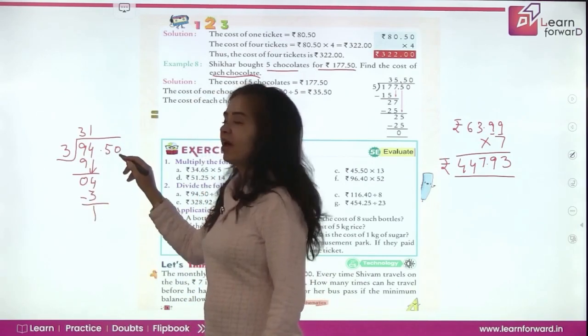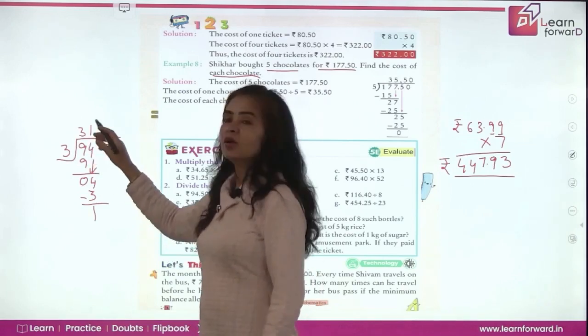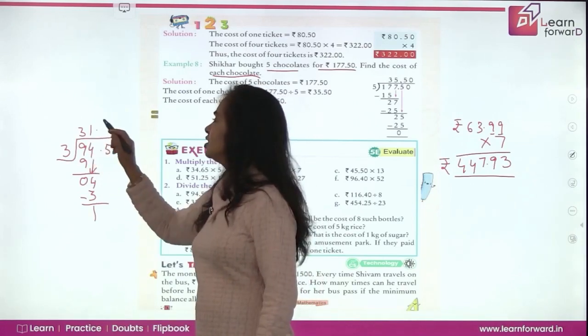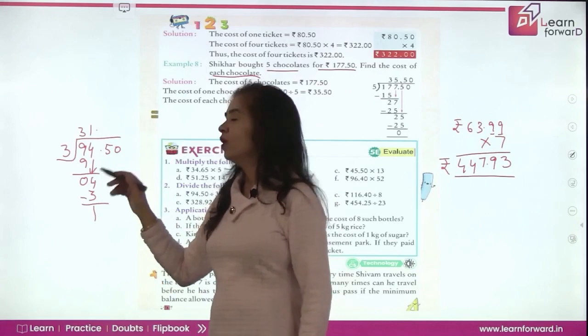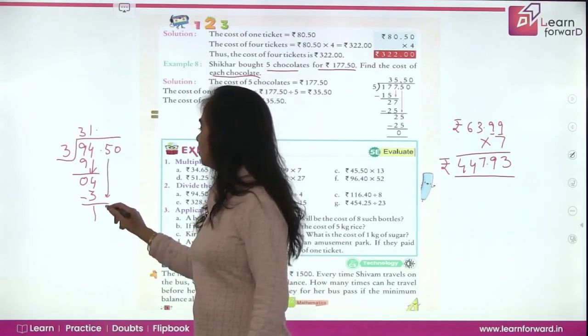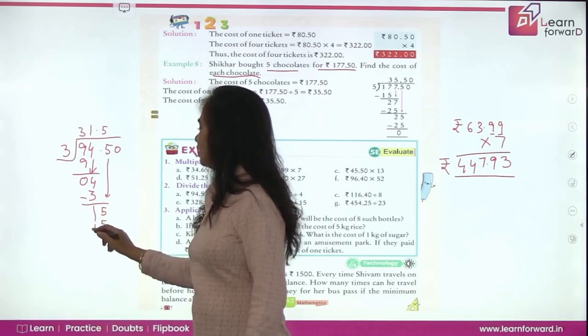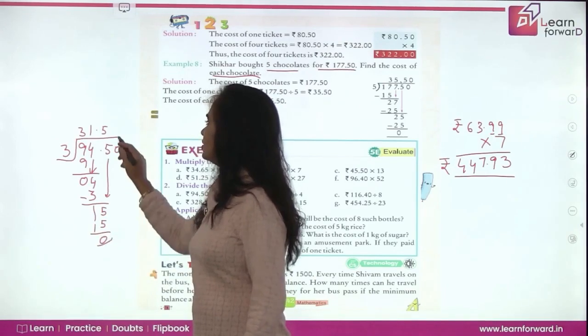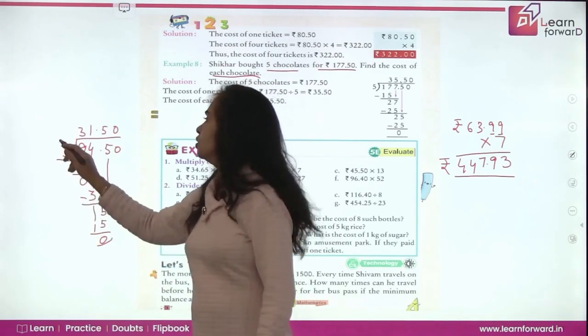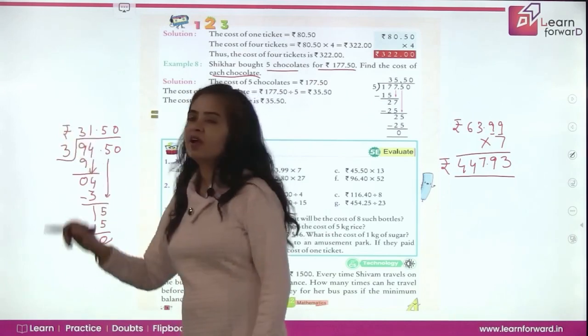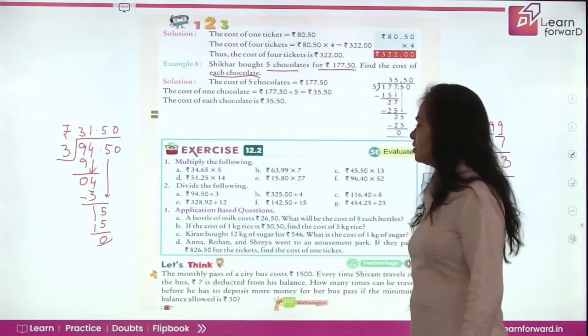Next, 5. Yes, because you are crossing decimals. So we will first put a decimal here. Then go ahead. Bring down 5. 3 fives are 15. And this is 0, 3 zeros are 0. So rupees 31.50 is your answer.